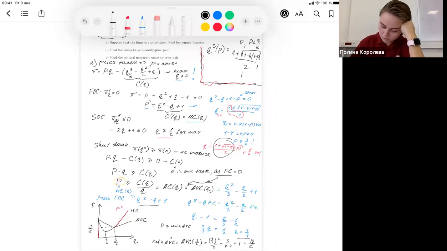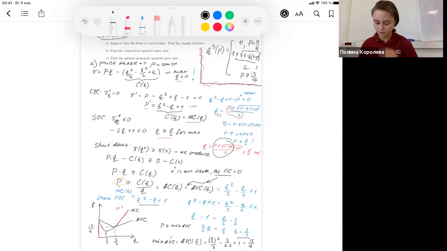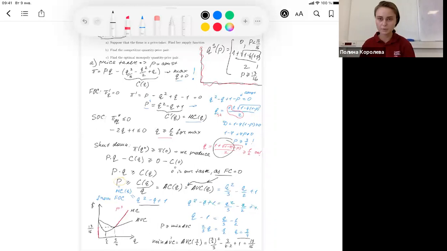This is true if price is bigger than 13 over 16, like this. So this is the supply of a perfectly competitive firm with such costs.